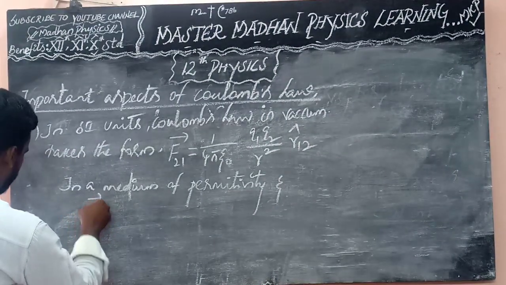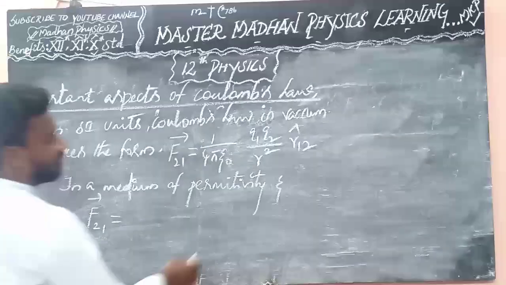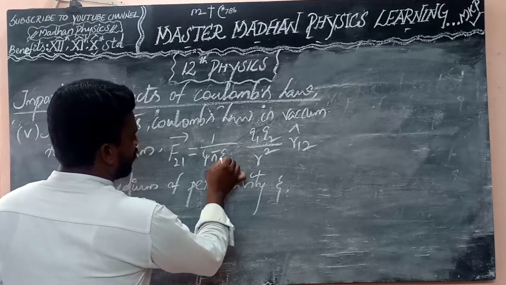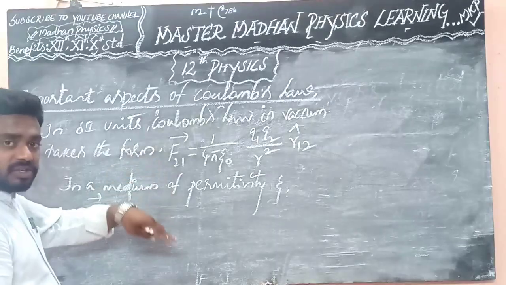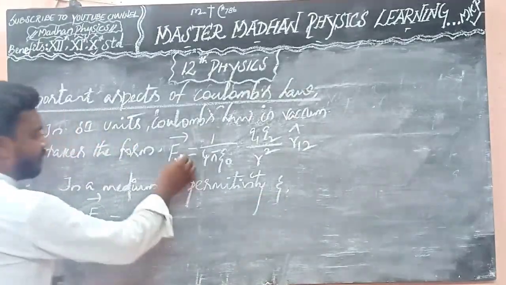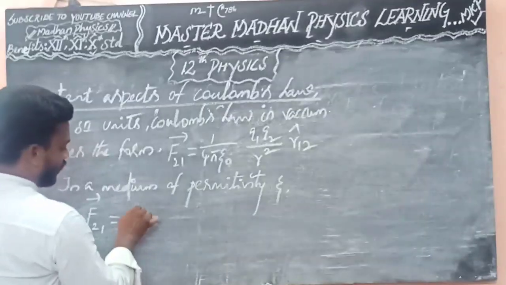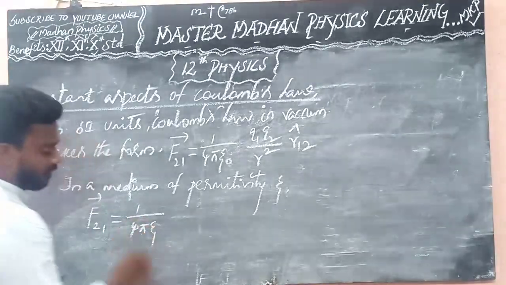F vector 2 1 is equal to, because we have the equation already like this, when we have to change over to the permittivity of the medium. So how can we form the equation? That is F vector 1 by 4 pi epsilon.